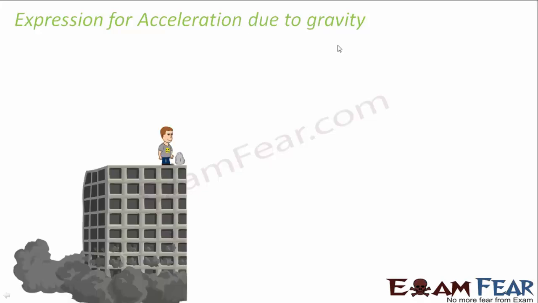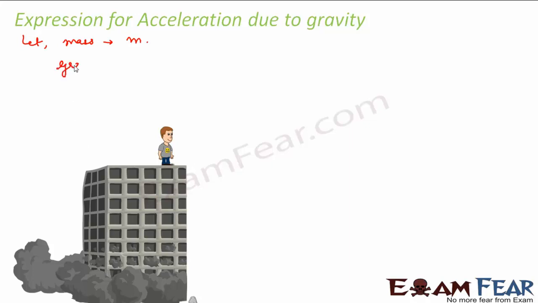Let us suppose that this person is standing on the top of a multi-storied building with a small stone. And let us say that the mass of the stone is m. Now what happens when the person leaves the stone? It falls down. When the stone falls down, the gravitational force of the earth attracts it towards itself.